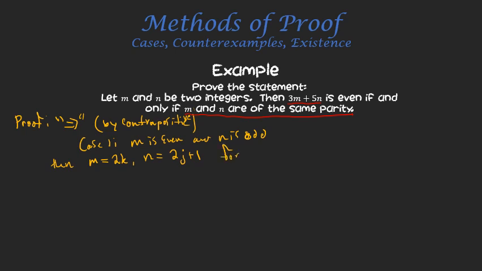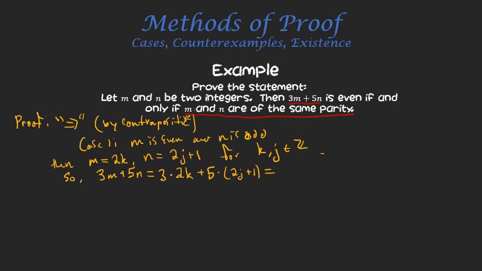And I just want to say k and j are integers. So what happens here? 3m plus 5n, right? We want to make a statement about that. Now that we have our m and n written in these ways, we can combine them. So equals 3 times 2k plus 5 times 2j plus 1.